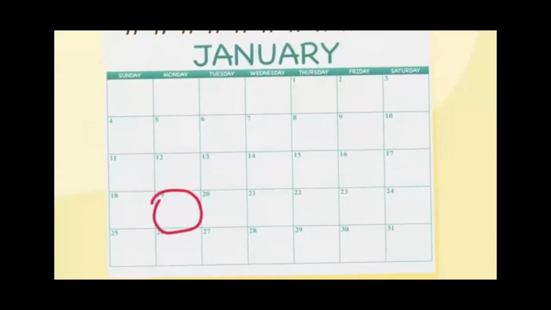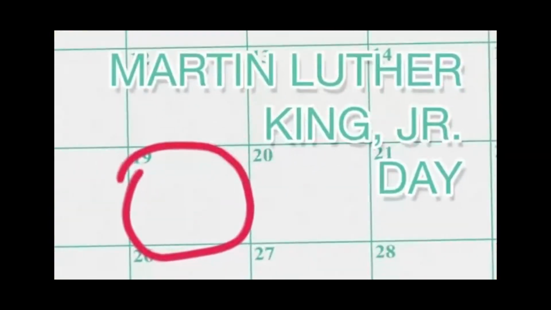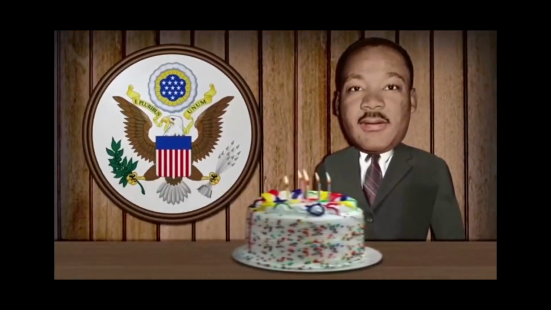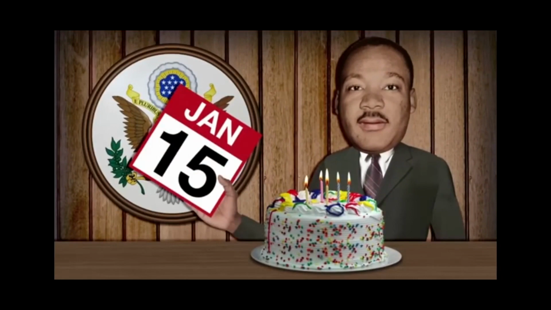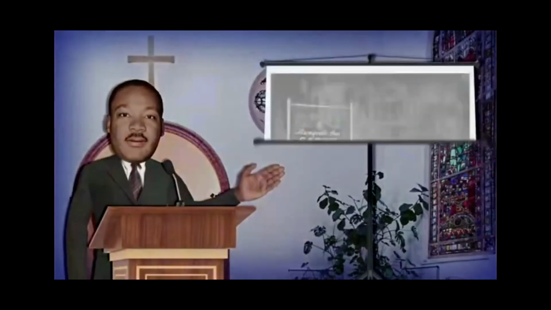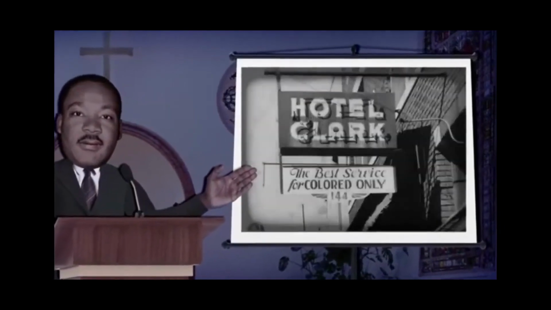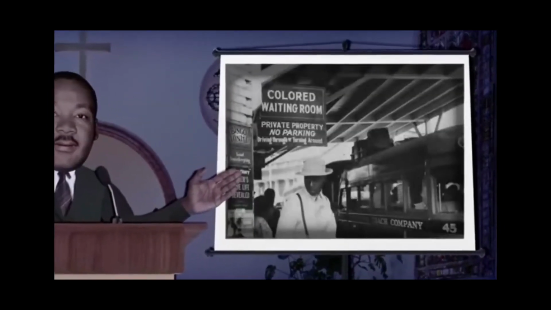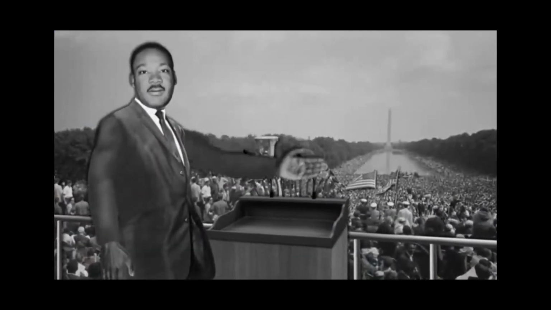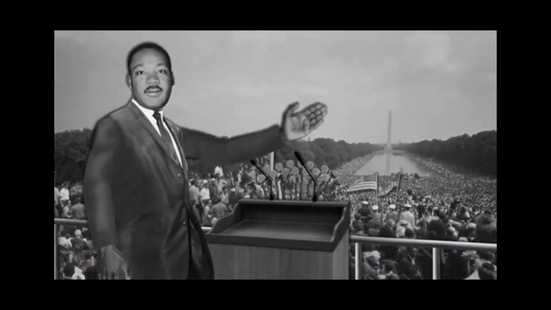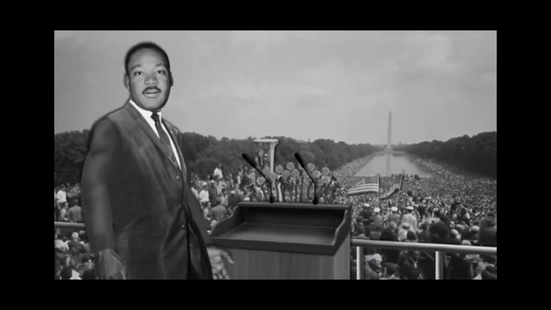The third Monday in January is observed as the birthday of Martin Luther King Jr. and is an official U.S. holiday. Dr. King's actual birthday is January 15th. Dr. King was a church and community leader who spoke out against racial discrimination, the unfair treatment of people based on the color of their skin or where they came from. His voice became familiar to millions of people during the Civil Rights Movement, a time when many people were working hard to change unfair laws.